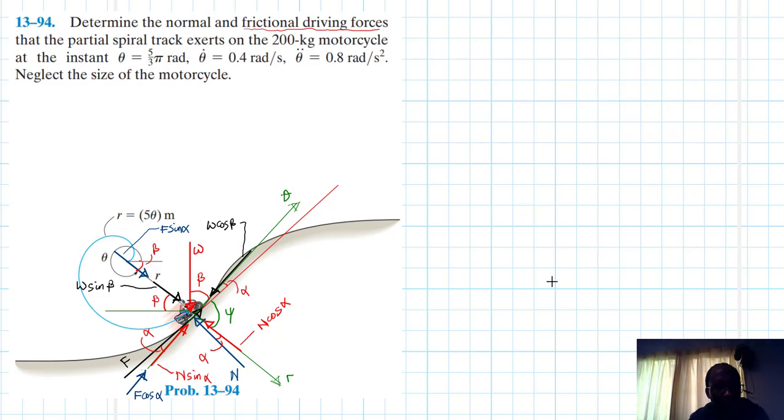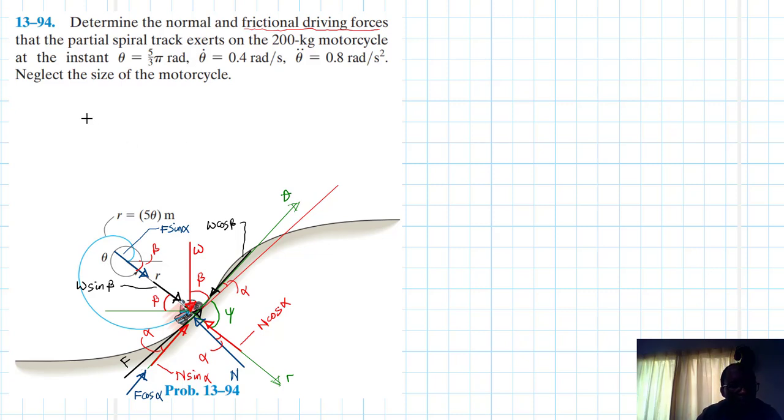Right. Okay, I think we've done everything. We have the force, 2 components. We have W, 2 components. We have the normal force, 2 components. Alright, I think this is okay.